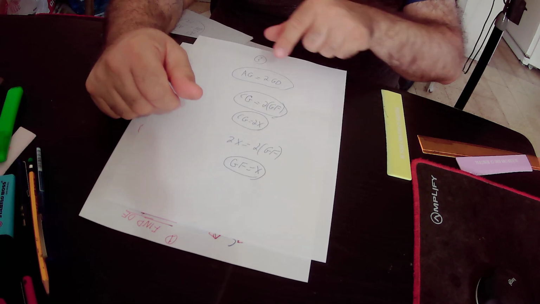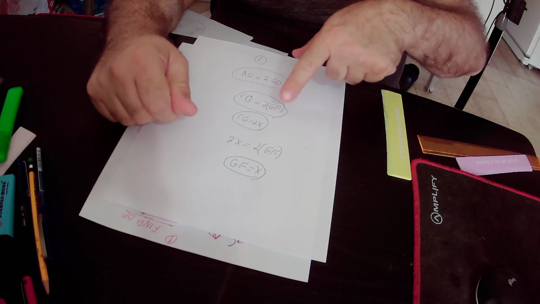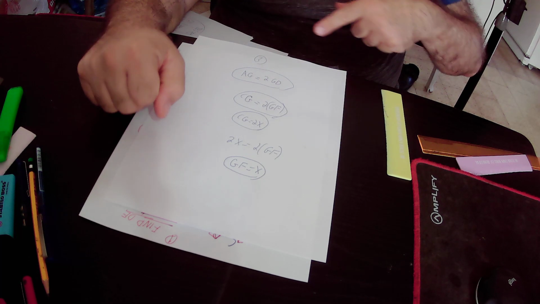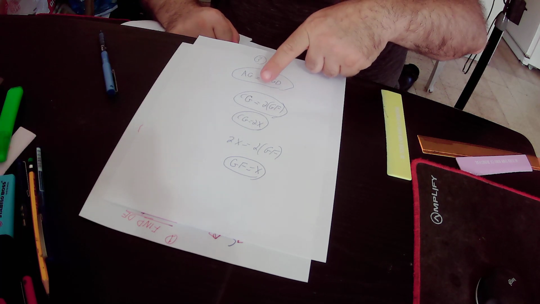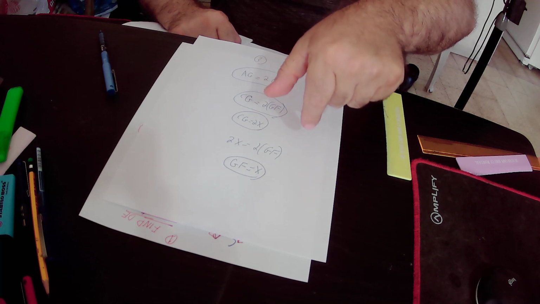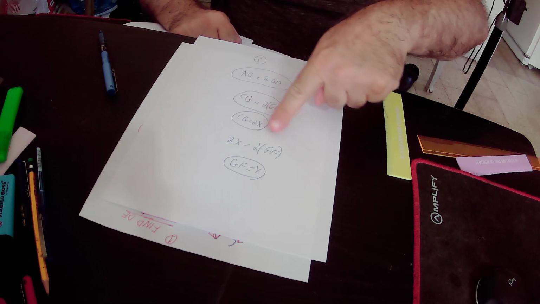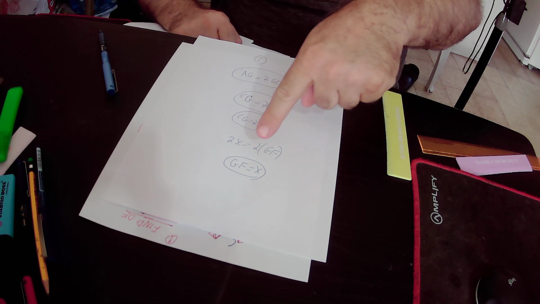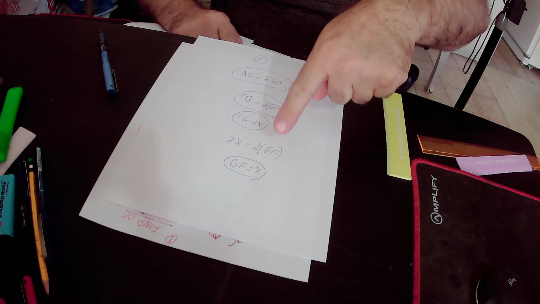And if we define CG as 2x, that is to say CG equals 2x, then we substitute the value of CG by 2x, and we get that 2x equals 2 times GF. We divide this equality by 2, and we get that GF equals x.